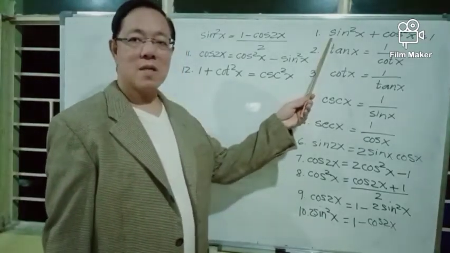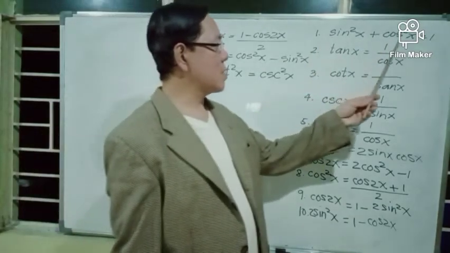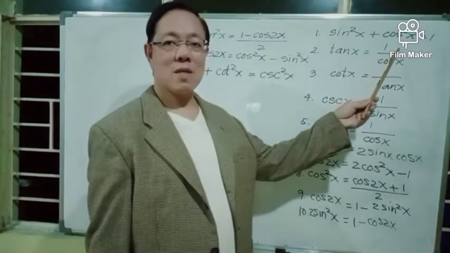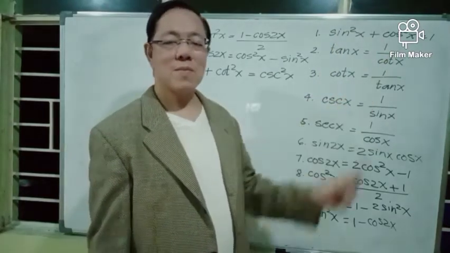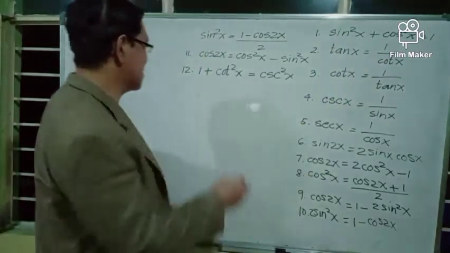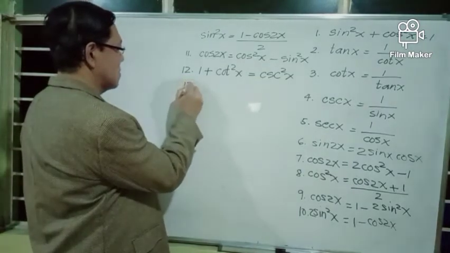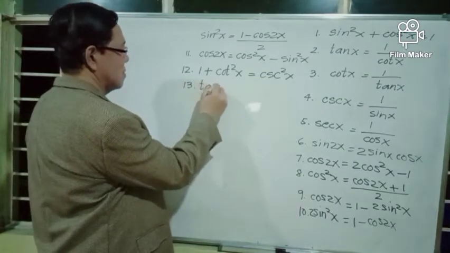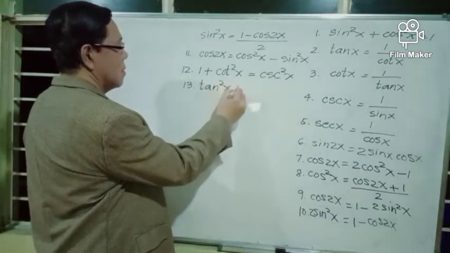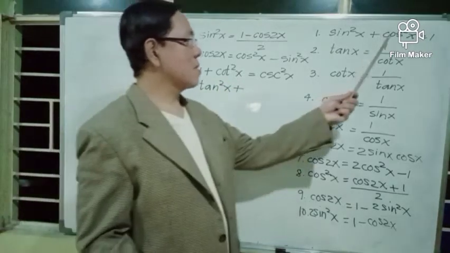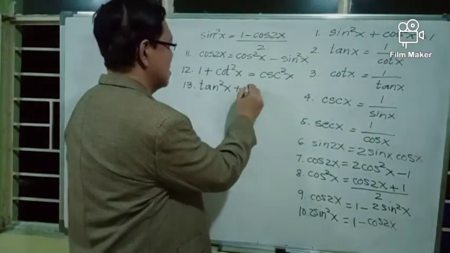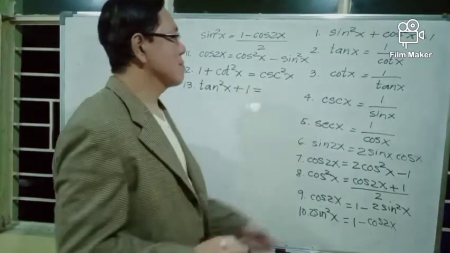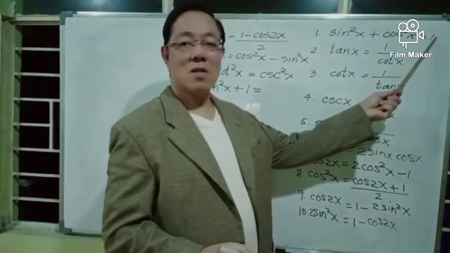Again, from this identity, we divide both sides by cosine squared x. Dividing sine squared x by cosine squared x, we get tangent squared x, plus cosine squared x divided by cosine squared x is 1, equals 1 over cosine squared x.